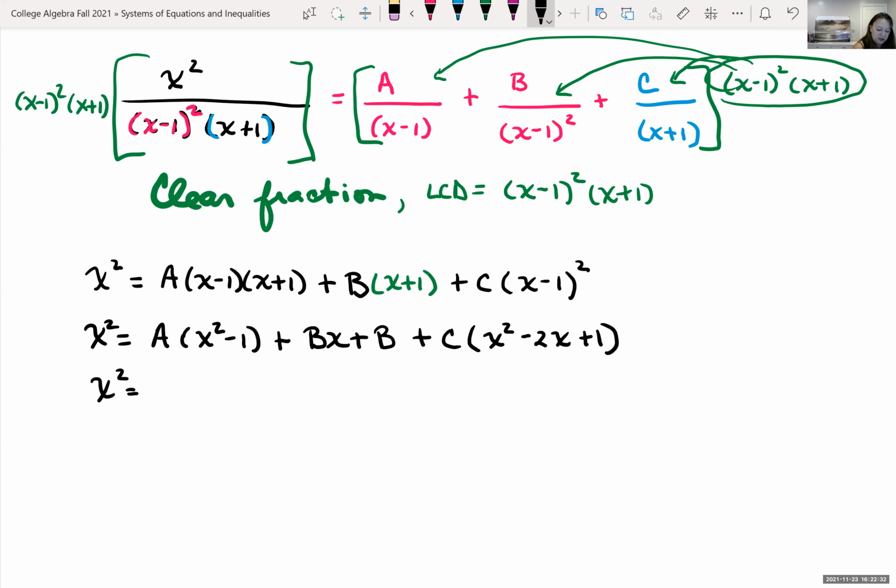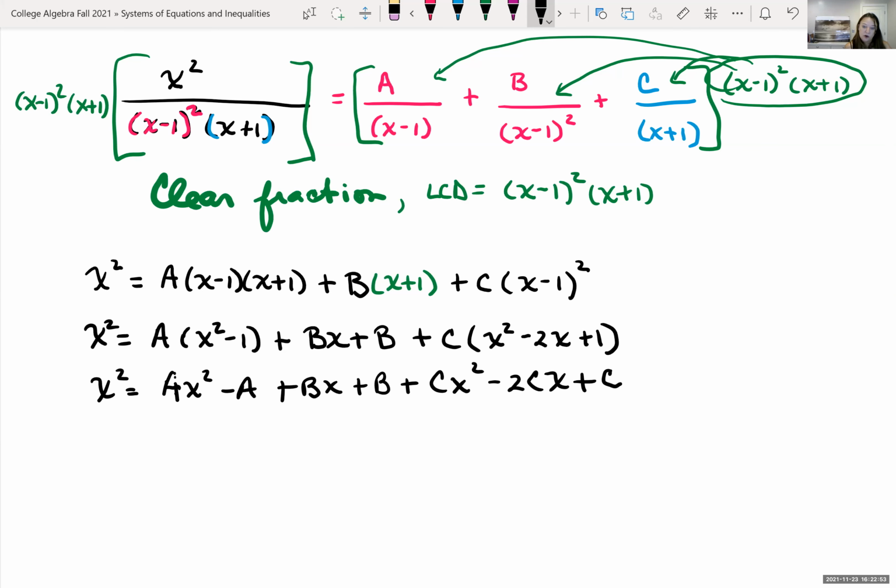So we're almost there. Distribute the a. We get x squared is equal to ax squared minus a plus bx plus b plus cx squared minus 2cx plus c.